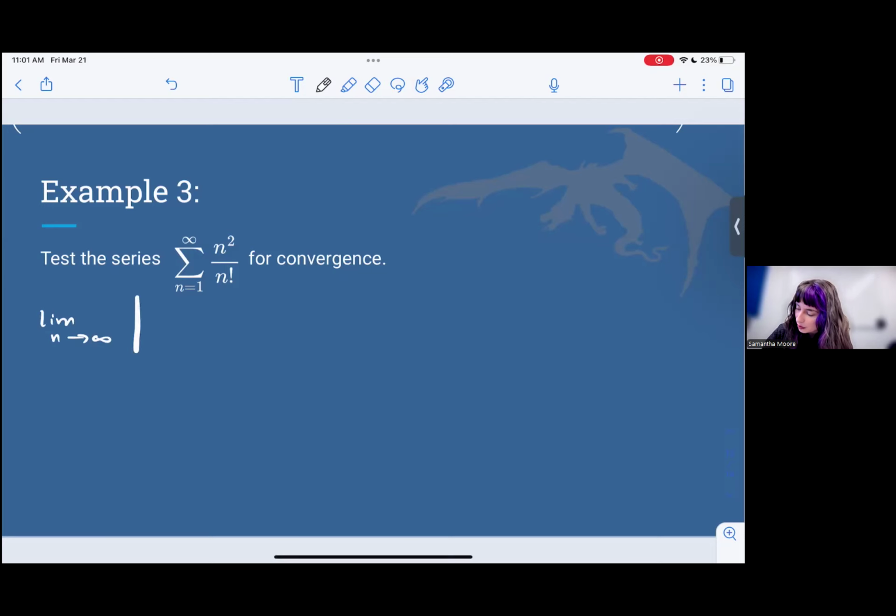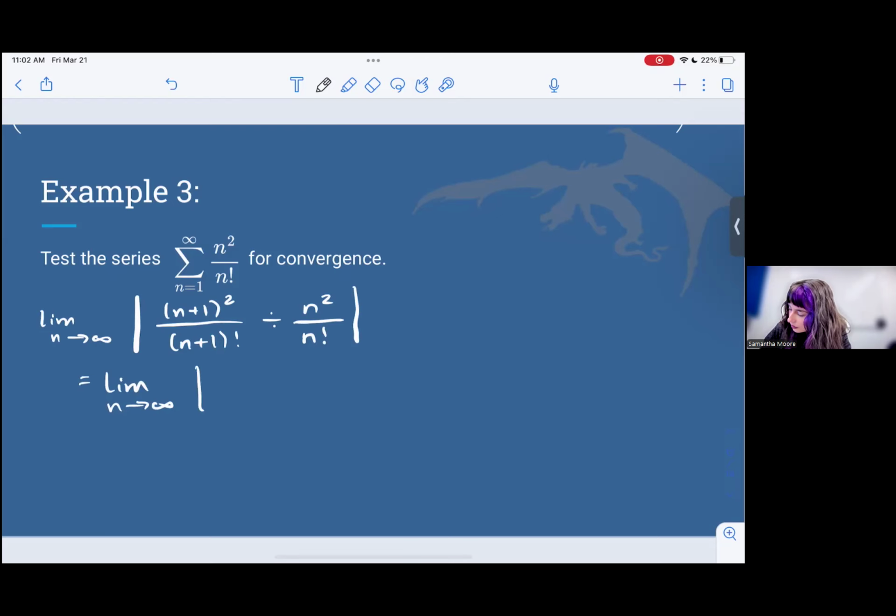Okay, so we do the n plus 1 term, so (n plus 1) squared over (n plus 1) factorial, divided by the n term, so n squared over n factorial. That's the same thing as, flip and multiply, so (n plus 1) squared times n factorial over (n plus 1) factorial times n squared.